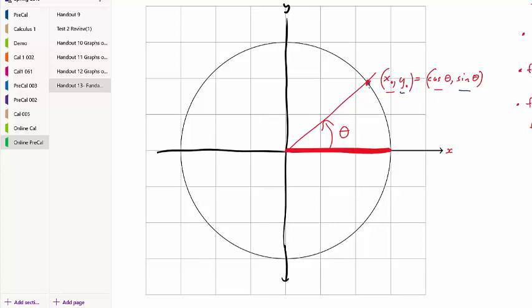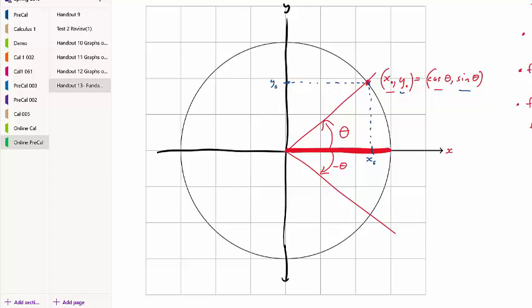And note that the x value, if you come straight down, there's our x naught value. And if we run straight across, there's our y naught value. And again, x naught is cosine, y naught is sine. Now let's go down in the other direction. We're going to go the same magnitude, but in the other direction.